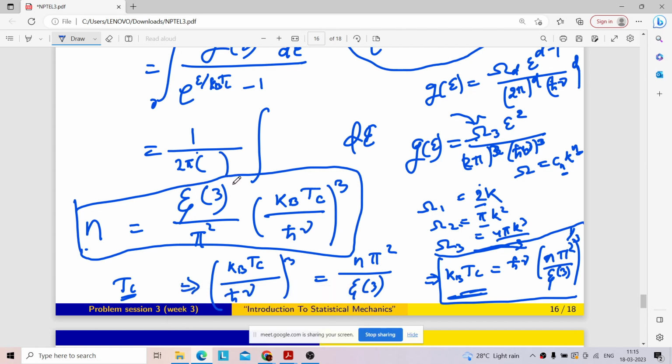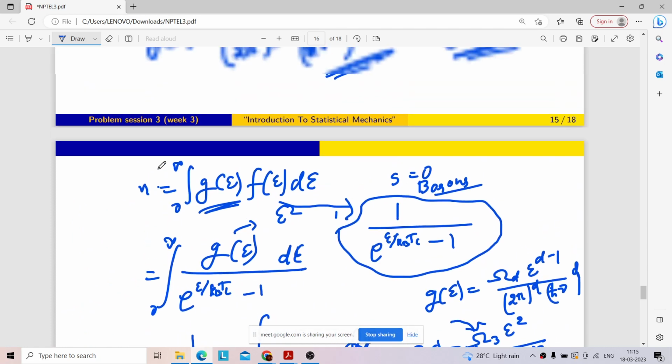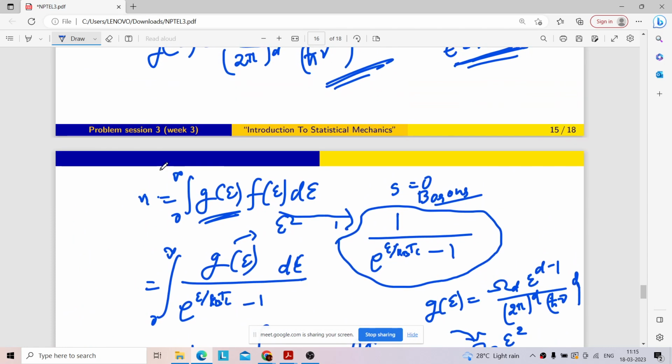So this is the way for getting the number of particles, we have this formula. As we know from the spin, we are having bosons, and from that we can get the Bose-Einstein distribution like this, and we can derive this density function from this formula.